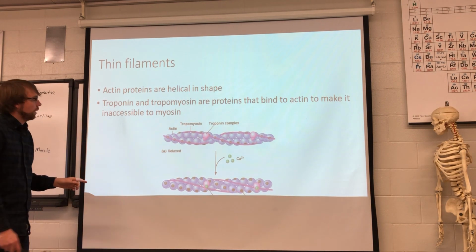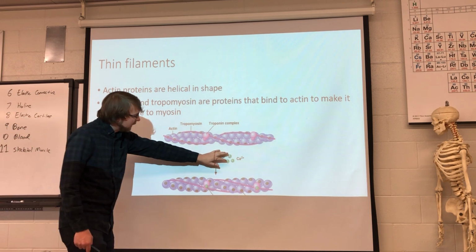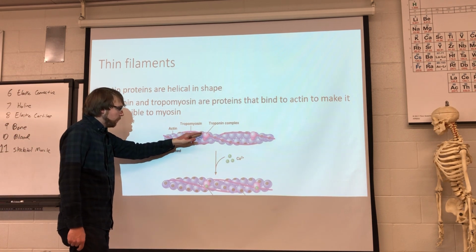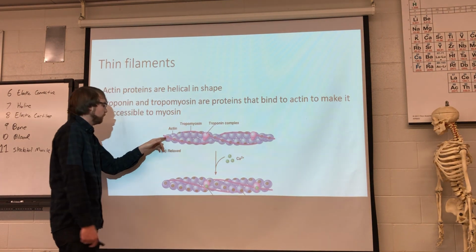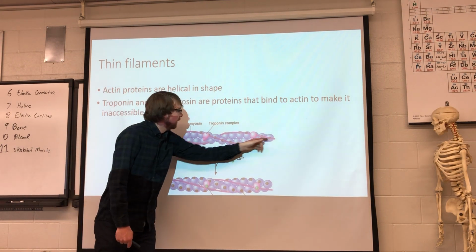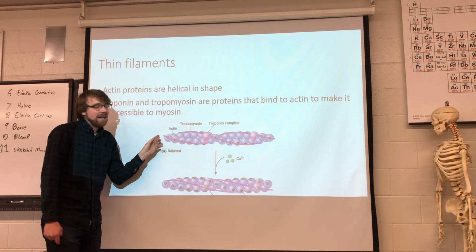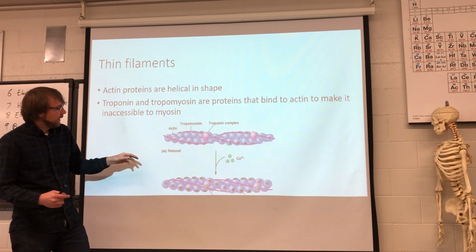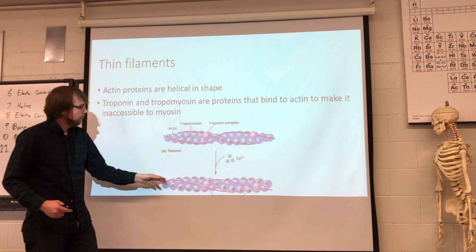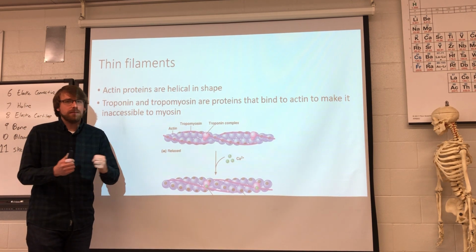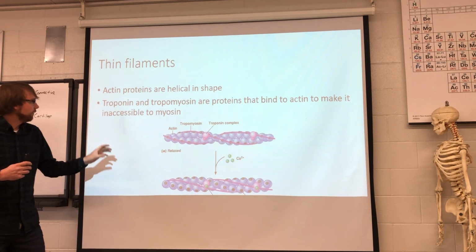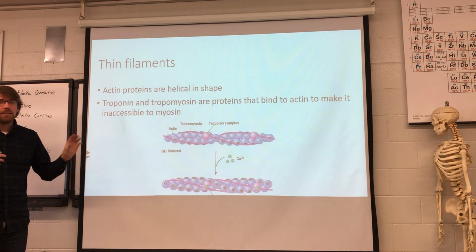Now, when calcium ions interact with troponin, it pulls the tropomyosin away from all these little black marks on this actin, which are the active sites. If calcium comes in, that exposes the active sites, and that allows myosin to engage on the actin's active sites.